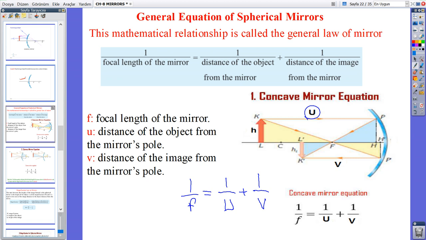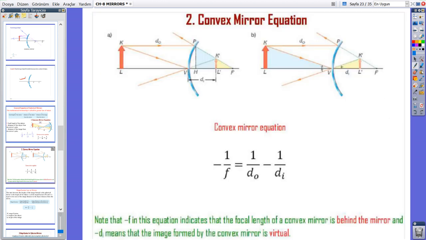When we are asking any question about the focal length of the mirror, or the distance of the object, or the distance of the image, we are using this simple equation.